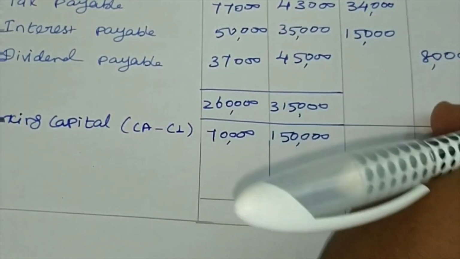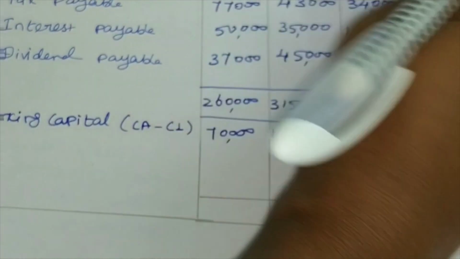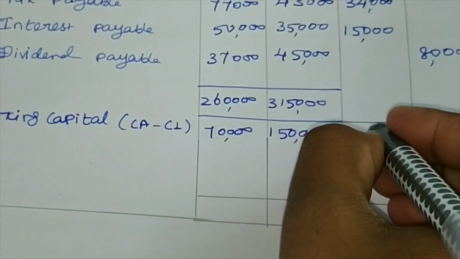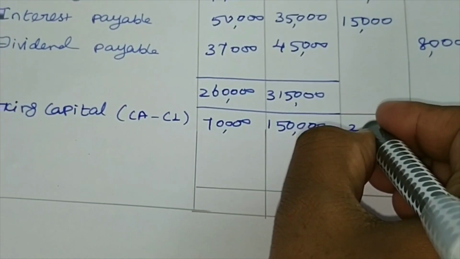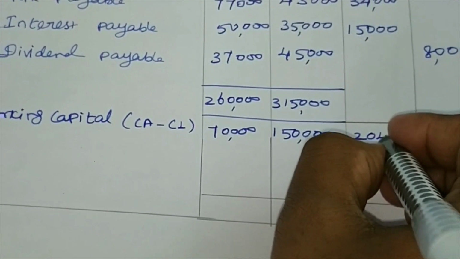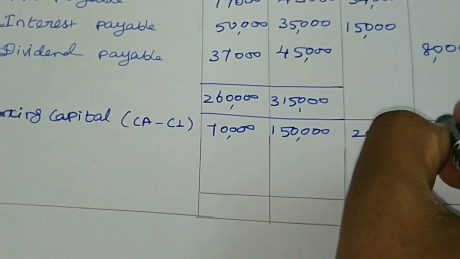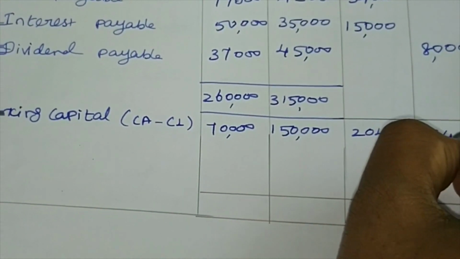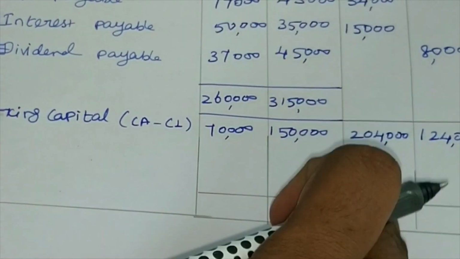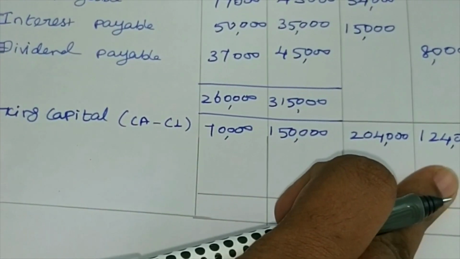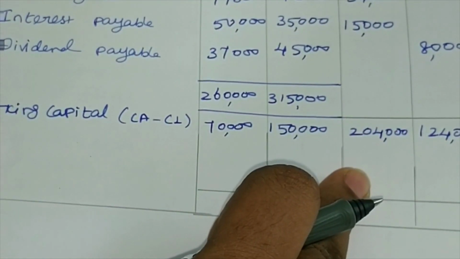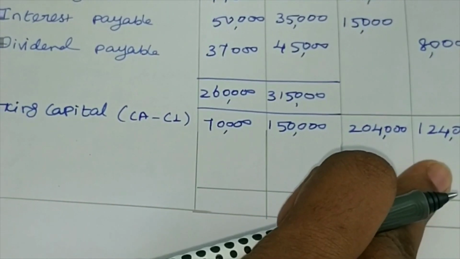Now find out the total of the increase column and the decrease column. For the increase column, 2,04,000, and the decrease column, 1,24,000. Now compare the amounts. In the increase column, 2,04,000. In the decrease column, 1,24,000.